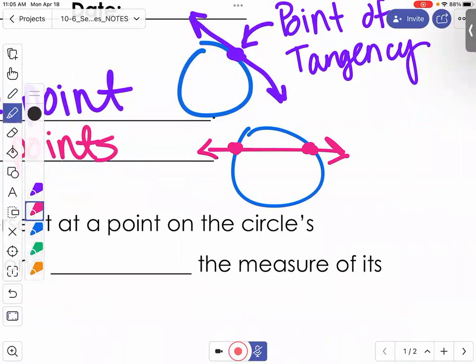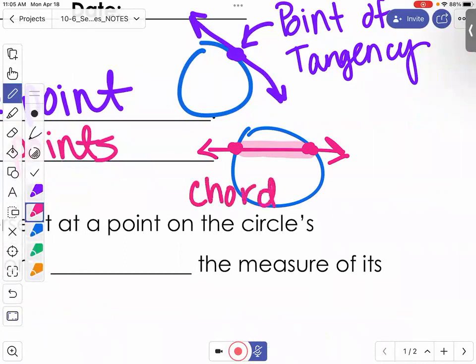Now there is a special bit of information about this secant line, and that is the fact that this section inside the circle is what we know as the chord. Okay, and that is the part that is inside your circle. Because remember, a chord is a segment, and a segment is a part of a line. So the piece of that secant that goes inside the circle, that is where we get our chord from.